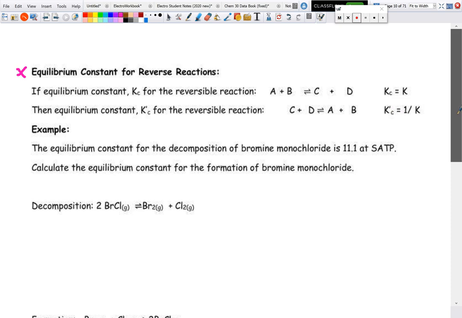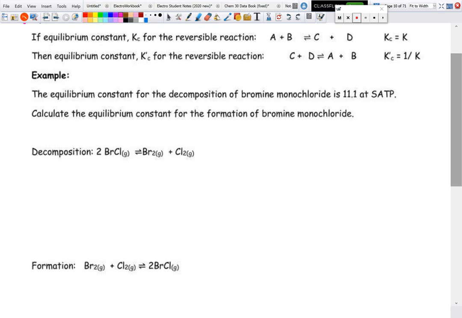So an example of this is how you can easily pull these off. If we look at something like this, the decomposition of bromine monochloride is 11.1. So this is a decomposition right here. So Kc is equal to 11.1. That's it.